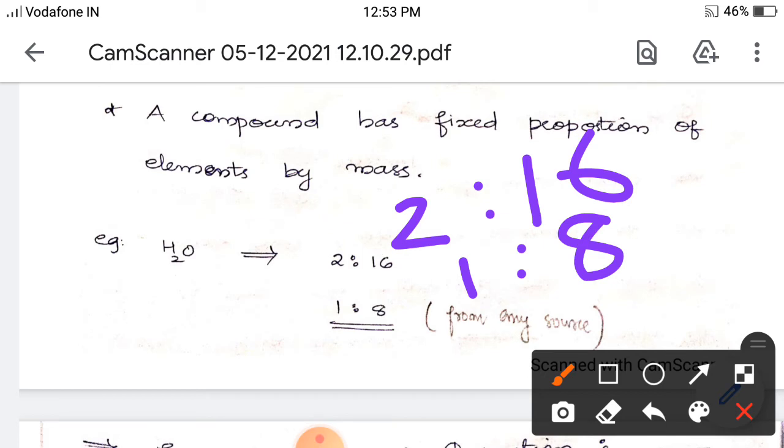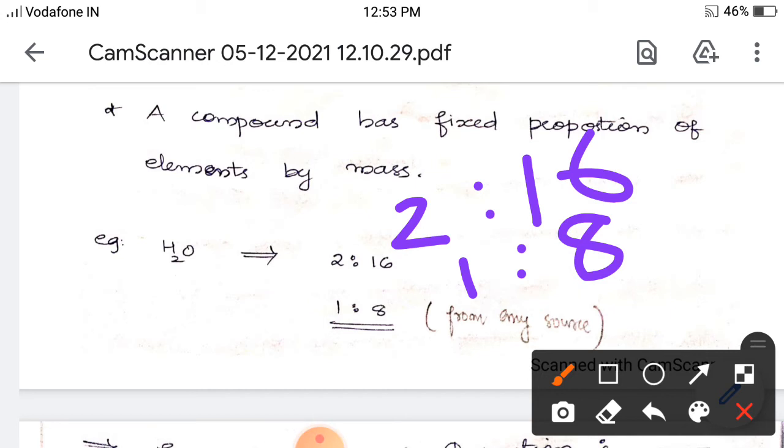That is, if we take water from any source, the compound has a fixed proportion of elements by mass.